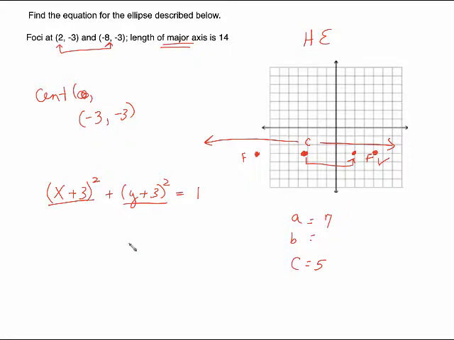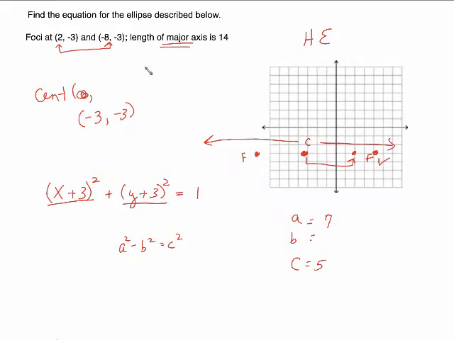It is a horizontal ellipse, so this will be a squared minus b squared equals c squared. 7 squared is 49 minus b squared equals 5 squared, which is 25. Subtract 49 from both sides gives me negative 24.